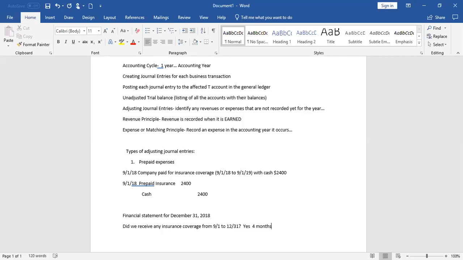So what does that mean to us? Well, if we left $2,400 in our asset prepaid insurance and didn't do anything with it at the end of the year, it would look like we received no insurance coverage for 2018, and all of it will be received at a future date. That's not true. We've received 4 months of the 12 months of the policy in 2018.